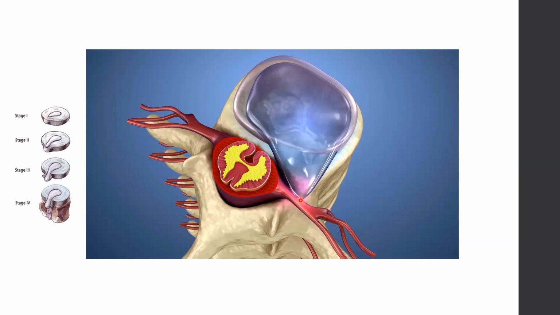For example, a disc herniation in the cervical region may cause numbness and weakness and other neuropathy type sensations in our upper extremity. And disc herniations in the lumbar region can send those same tingling, numbness sensations down either one or both legs.